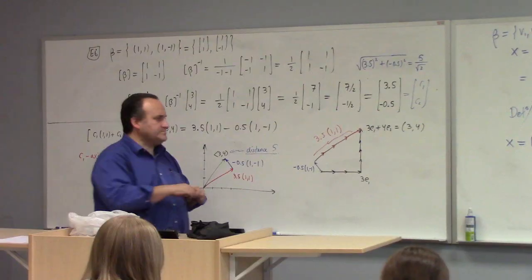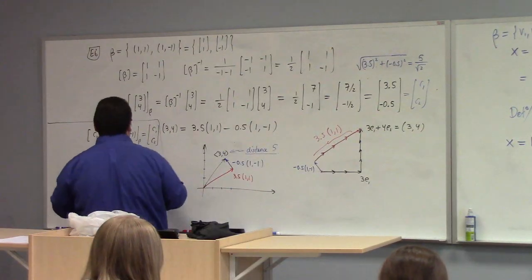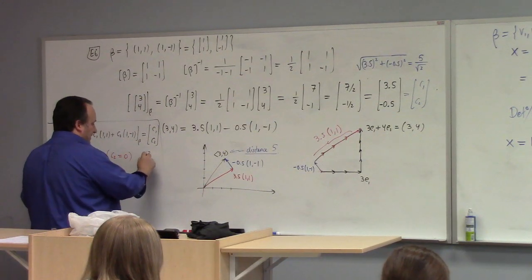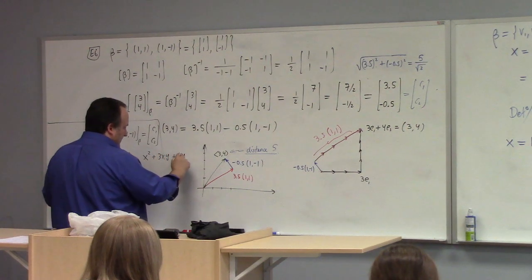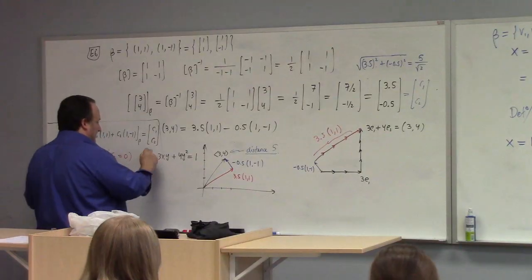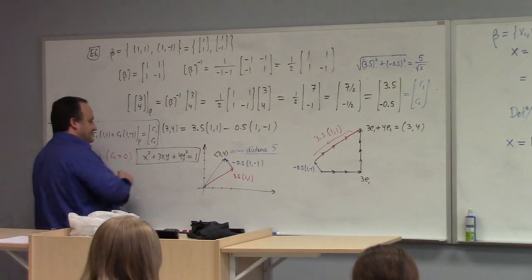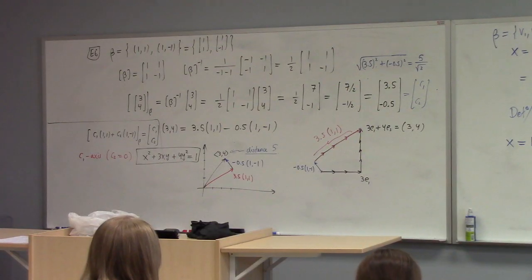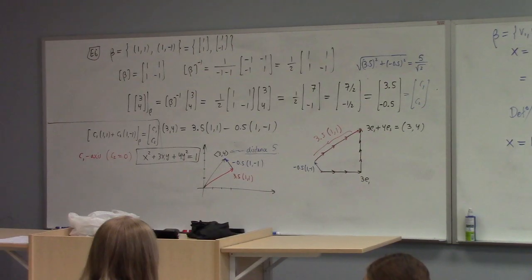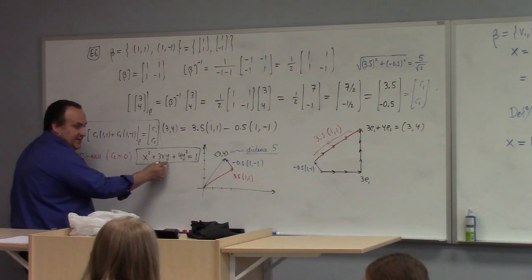For example, we'll see a little bit later in the course that if I have something like x squared plus 3xy plus 4y squared equals 1, what is that? Do you have any idea? I don't. What I know for sure is that it's not a standard conic section. It's not a standard ellipse or hyperbola or parabola because of this cross term right here.